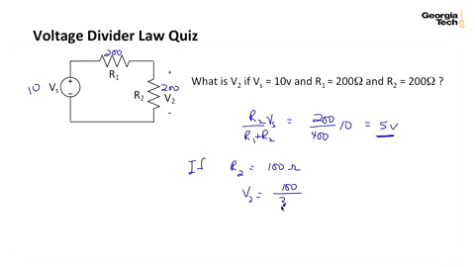Now the sum is 300 times 10, so it would be 10 over 3. And that would mean if this resistance goes down, there's a smaller voltage drop across here than this one. So remember, it is the resistor over the sum of the two resistances.